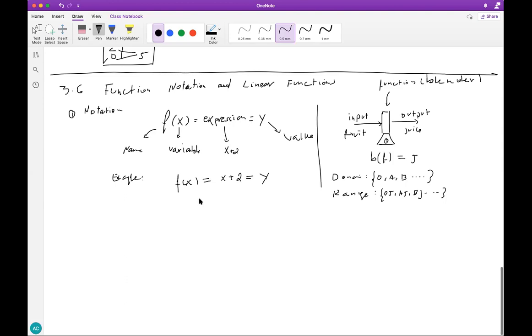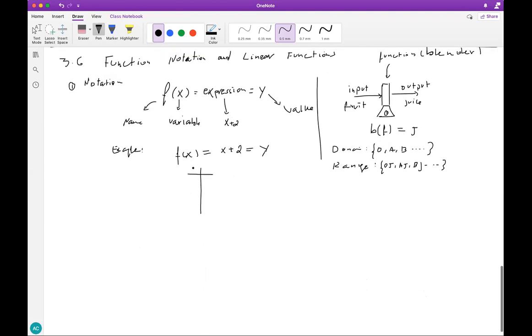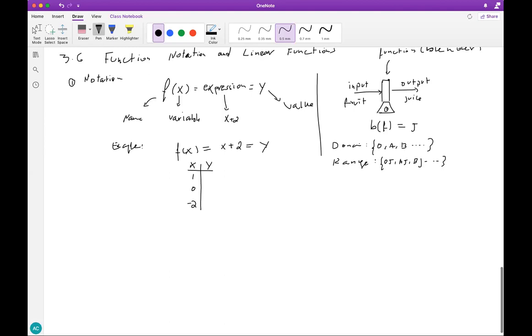So let's say we want to get a table out of this function, something like we studied last time. So this first column is the X, what we plug into the function. The second column is the Y, or what we get back from that function. So let's say we want to plug maybe 1, maybe 0, maybe -2. So these are the inputs. We're going to run them through the function and see what we get back.